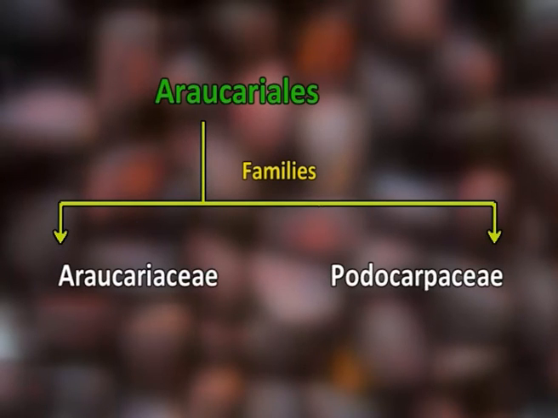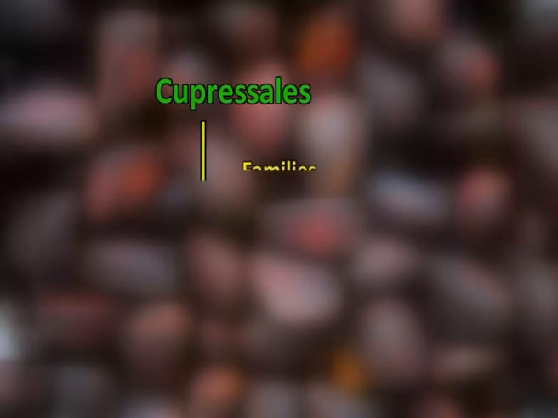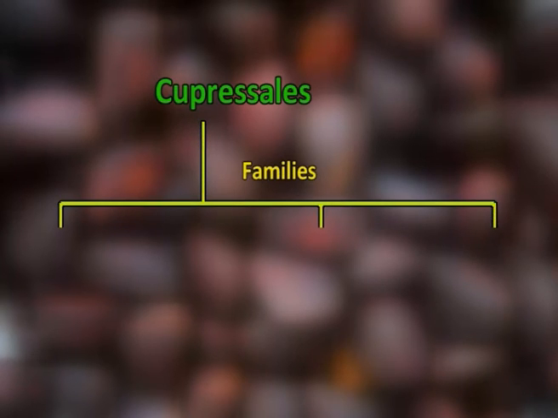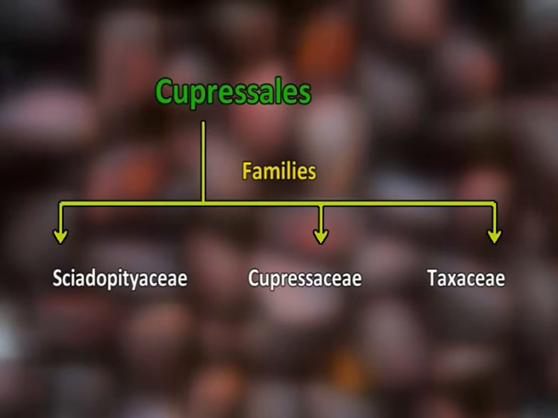Araucariaceae and 2. Podocarpaceae. Order Cupressales was divided into 3 families: 1. Sciadopityaceae, 2. Cupressaceae, and 3. Taxaceae.